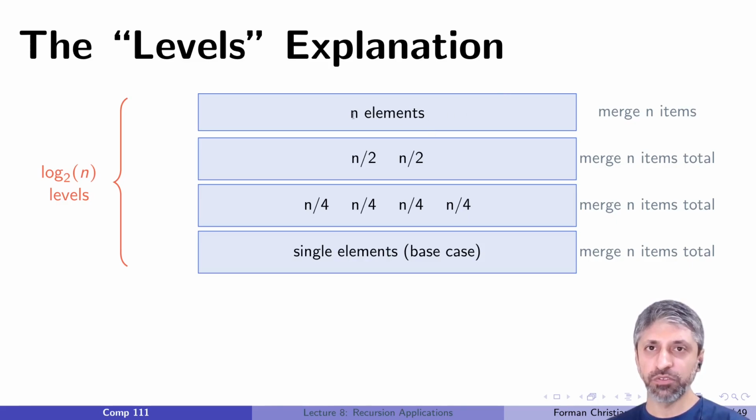At each level, if you sum these elements, you'll get n items exactly. So at level 1 there are n items. At level 2, if you sum the number of items in all of the groups, you'll still get n by 2 plus n by 2, which is n items.